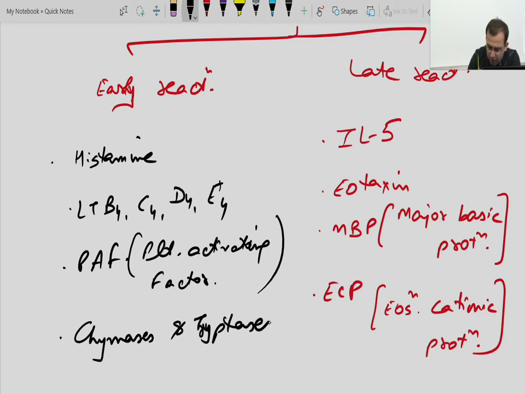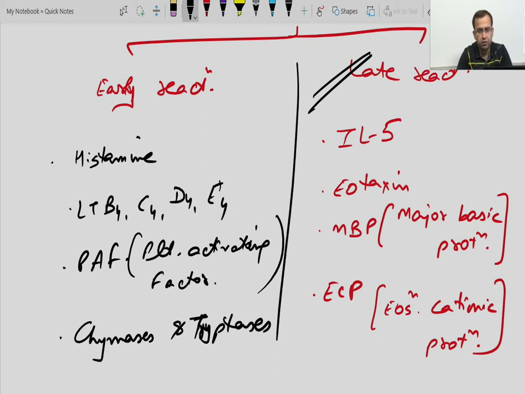These are all the mediators involved in early reaction. Not much interested. What I am very interested in are the mediators of the late response. They are important. This is type 1 hypersensitivity.